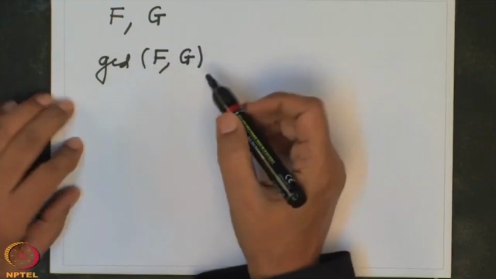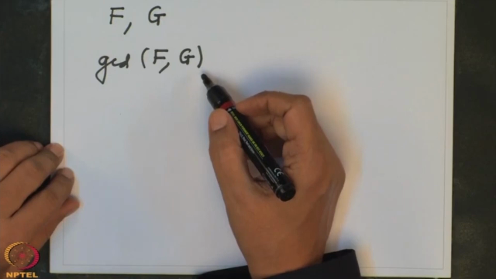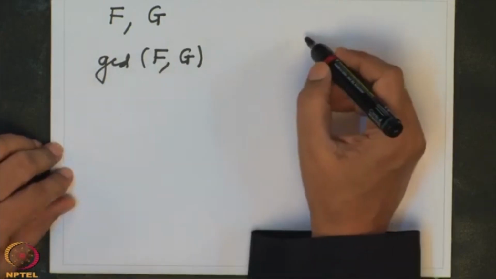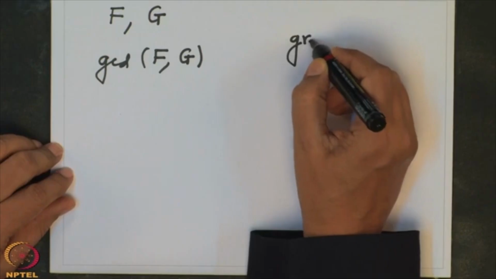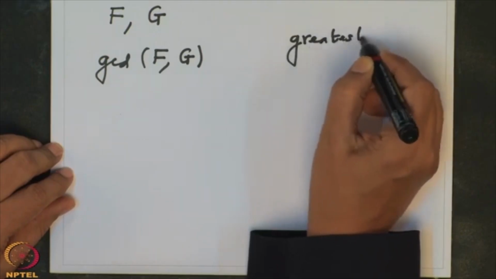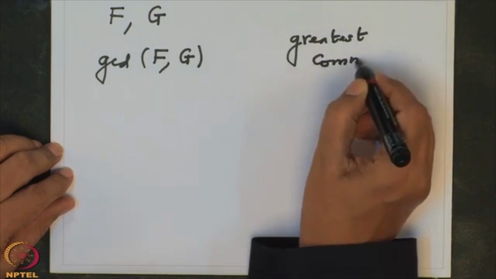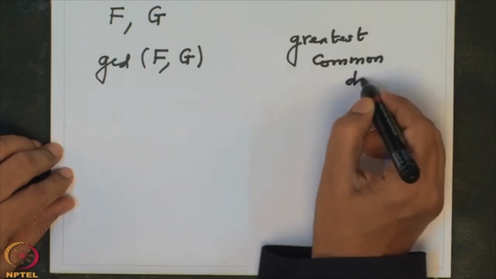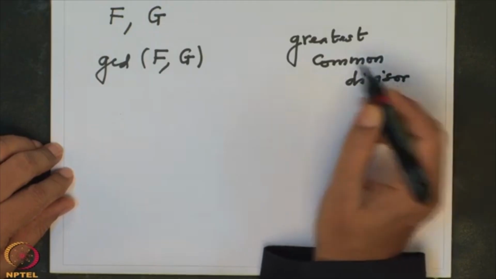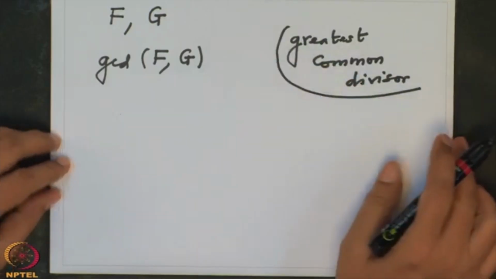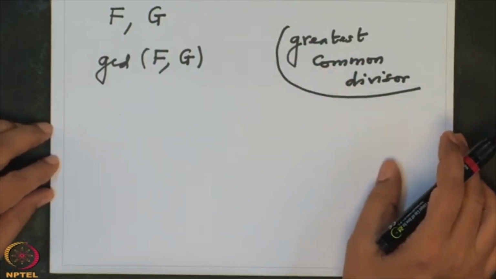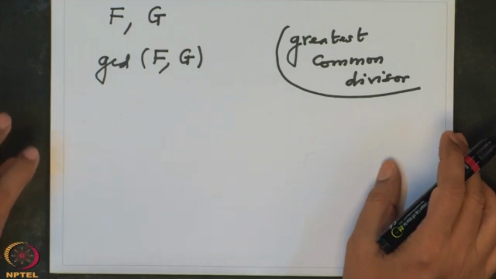Okay, now when we talk about GCD, first of all remember the long form, greatest common divisor. So, why should it exist? We have seen in case of integers it exists, and the method to find the GCD was to apply the division algorithm again and again. So only one step we have to prove.